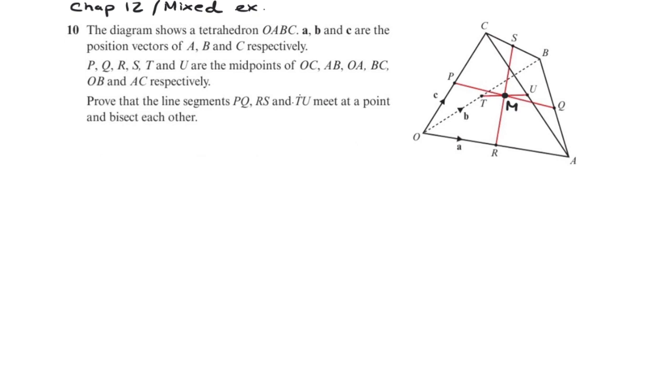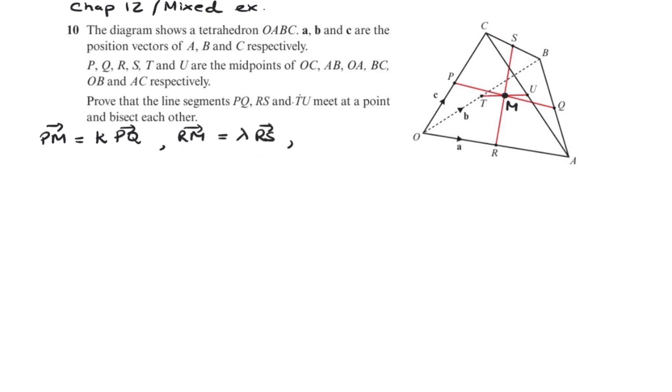First of all, I'm going to write down PM as some scale factor, let's say k, of PQ. Similarly, I can write down RM as another scale factor, lambda, times RS.